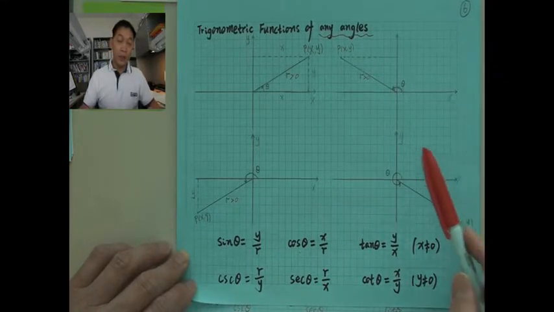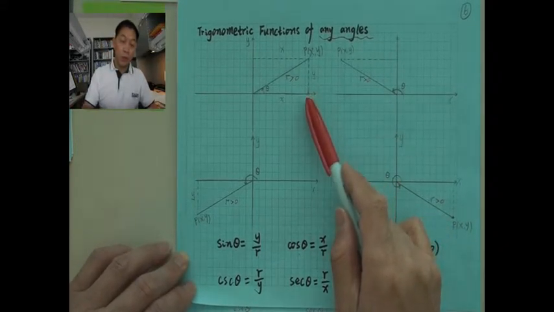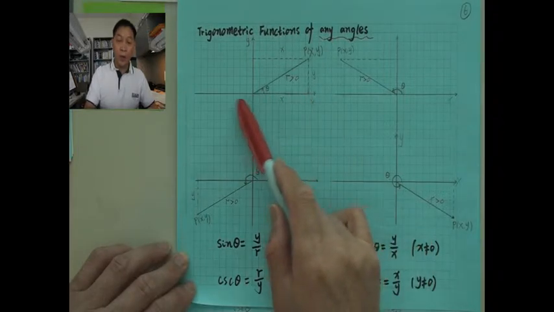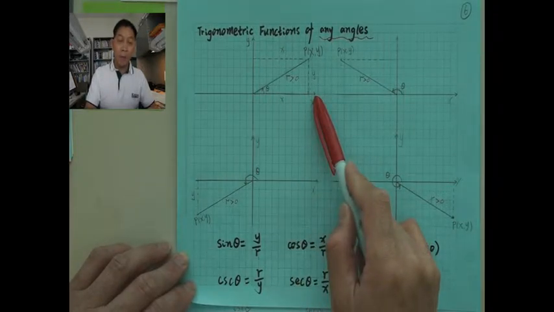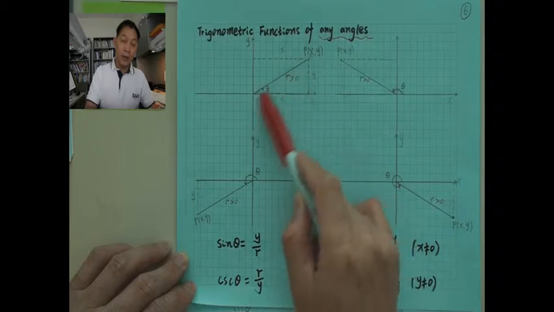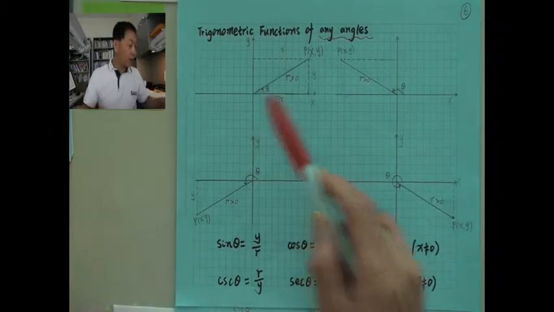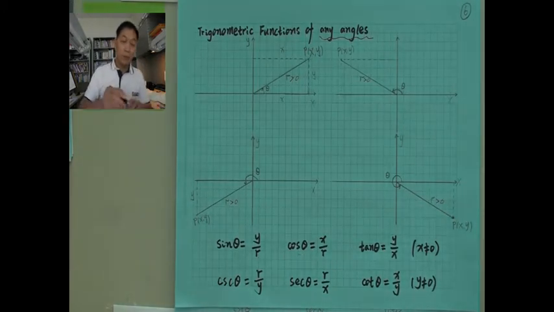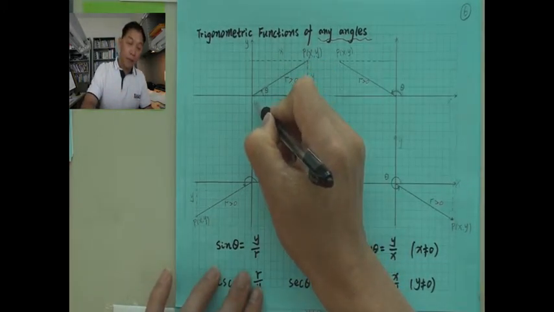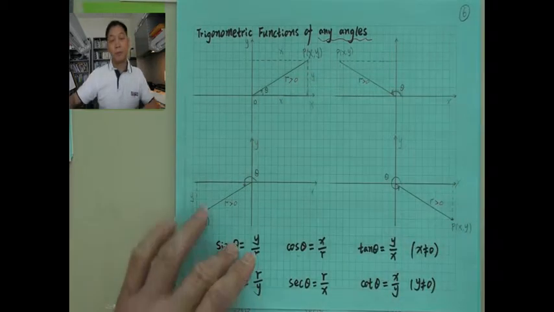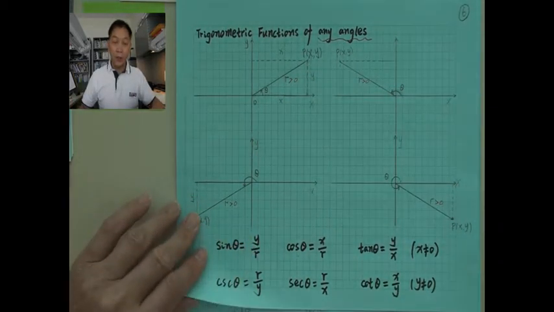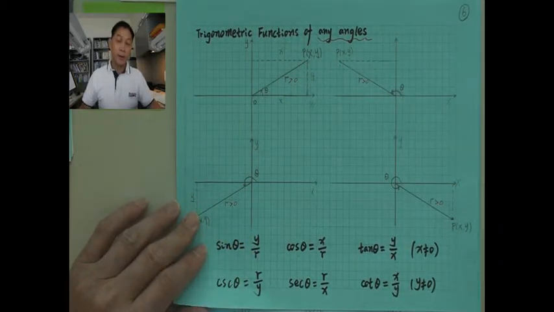That's the definition when we move our triangle to the xy coordinate plane and the angle is in the standard position, which means the vertex is on the origin of the xy coordinate plane.